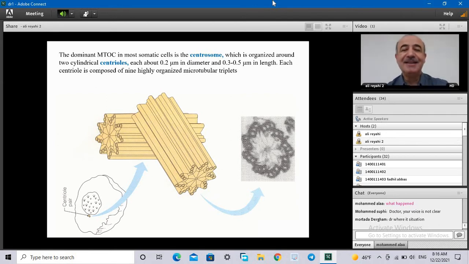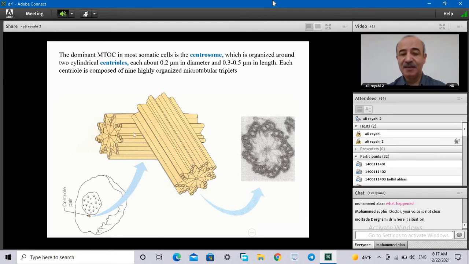When the cell is ready for division, the centriole organelle, two cylindrical, very small organelles, appears near the nucleus of the cell, okay?